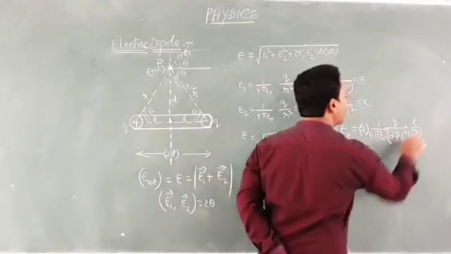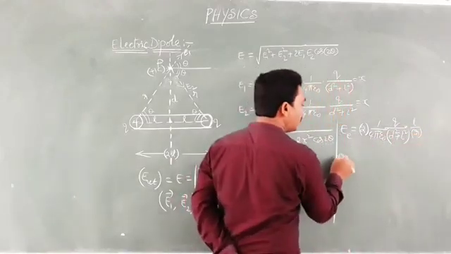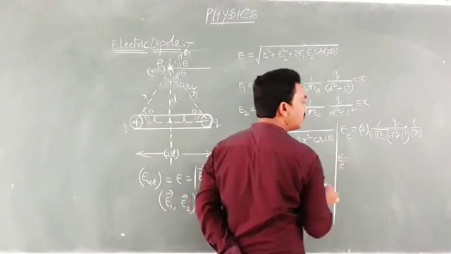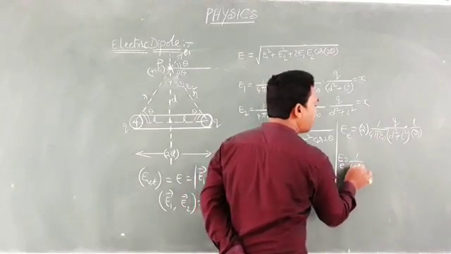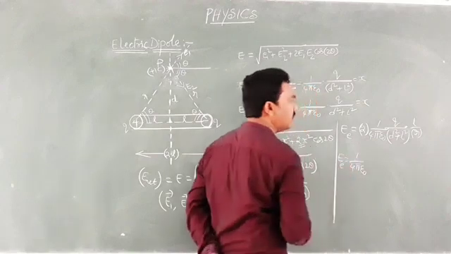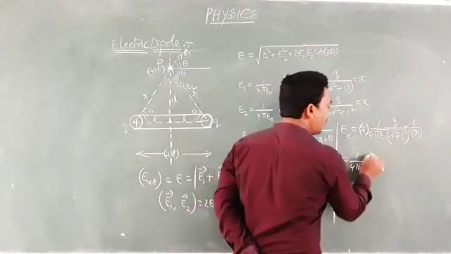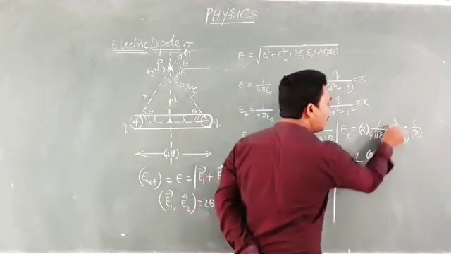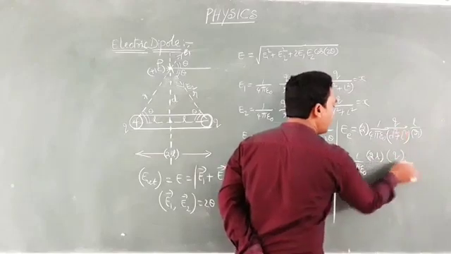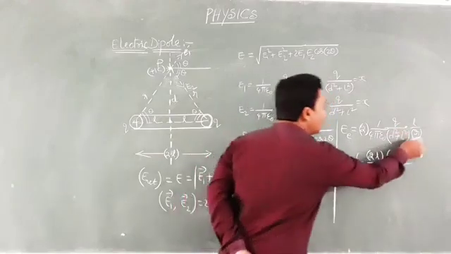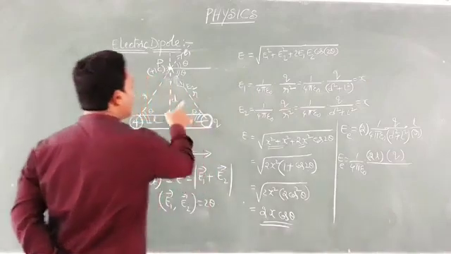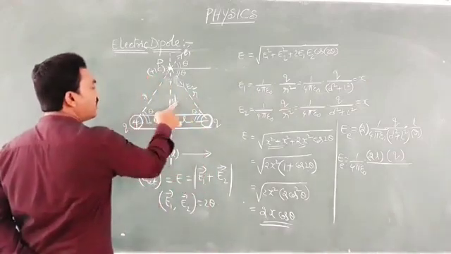L by R. Now this is equal to E is equal to 1 by 4 pi epsilon naught, let me write here, 2 into L, into Q by R value. Here is an interesting point: R equal to square root of D square plus L square.